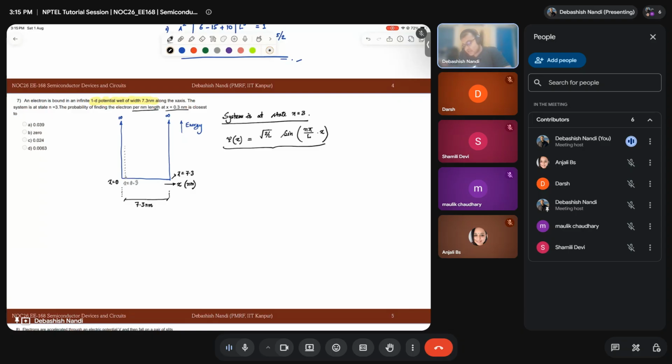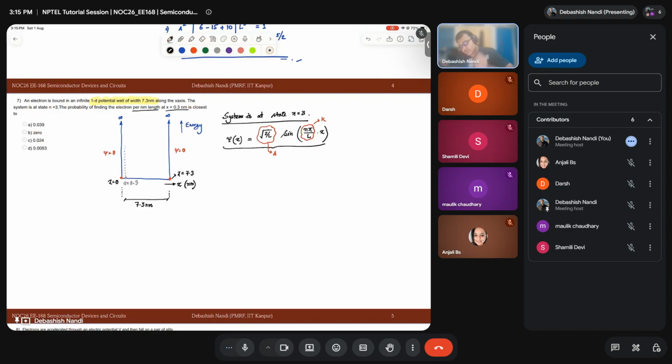Fine. First, we use the boundary conditions at these two locations, which is 0. Infinite potential well means this will become 0. And then I find out this value of K, and after, with the normalization integration, I found the value of A, right? These were the steps.